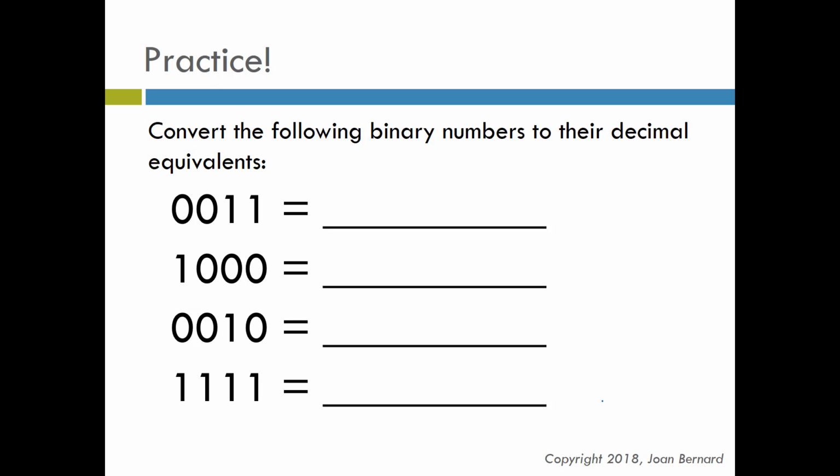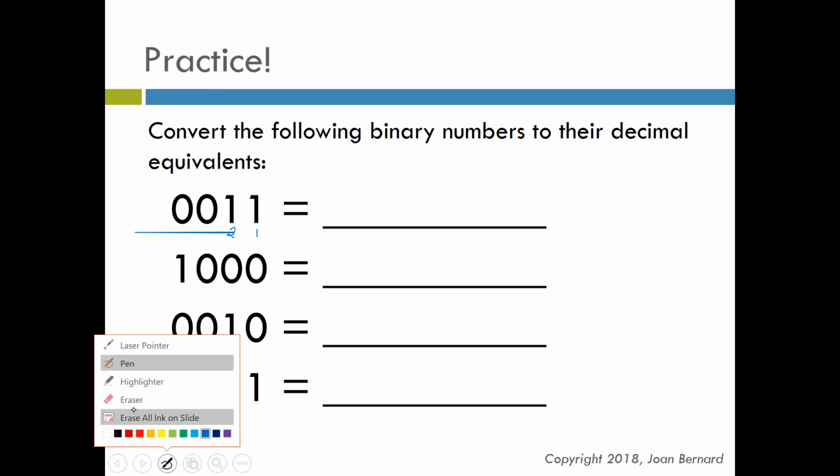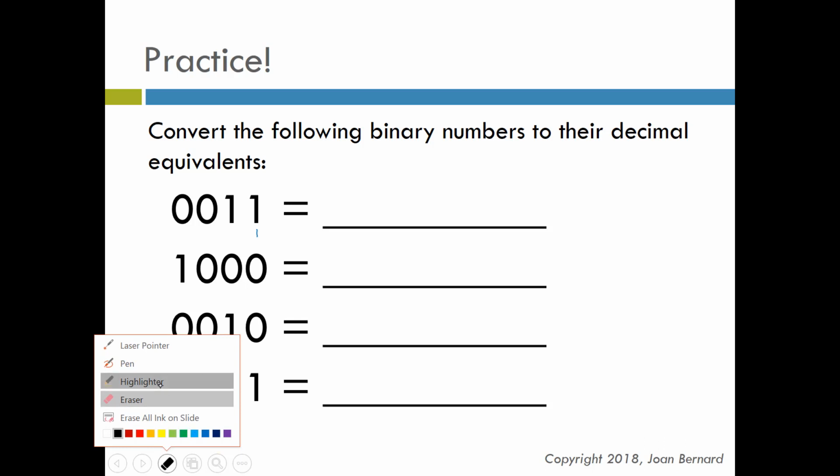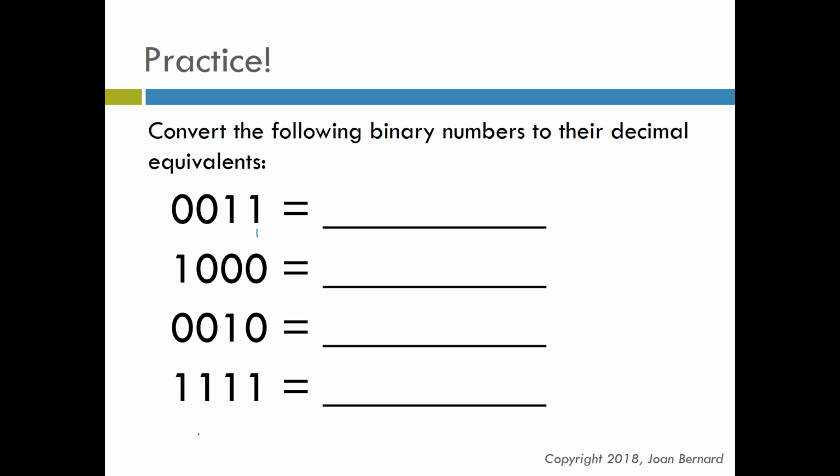So the first binary number is 0011. So I start with my placeholders again. I'm going to write those down below. So 1, 2, 4, and 8.